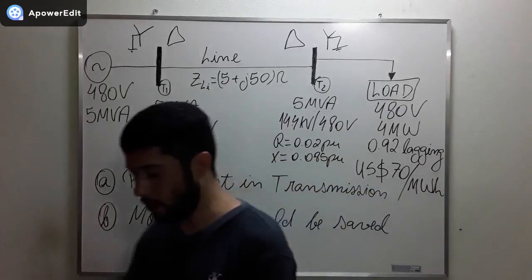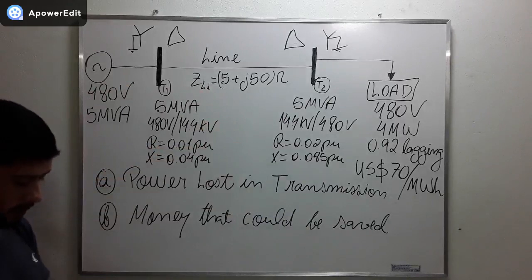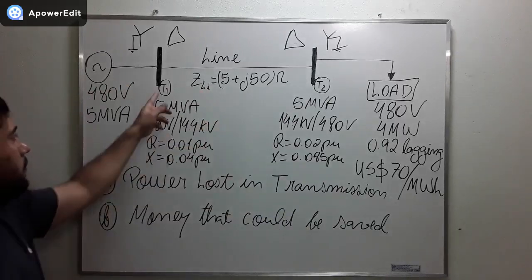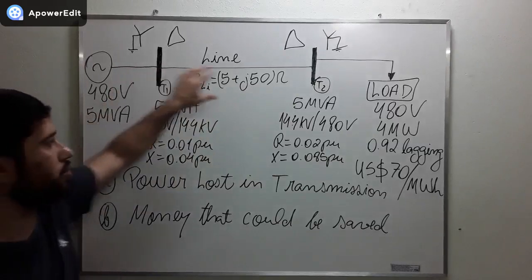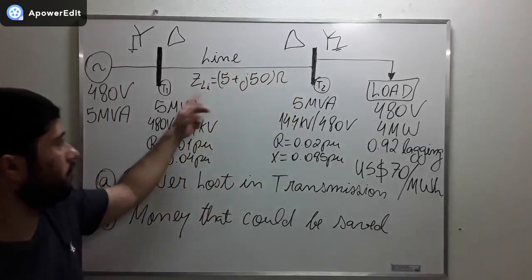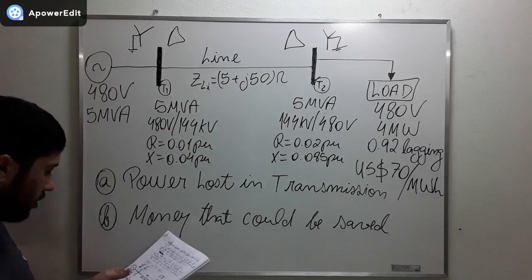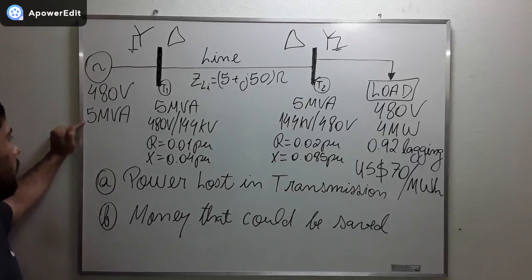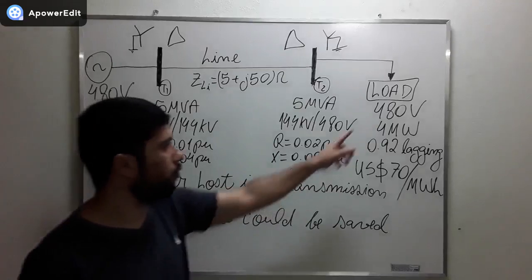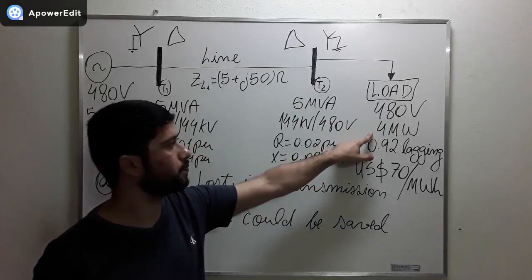Consider the electric power system of the figure. A transmission line from substation number 1 to substation number 2 was constructed to connect a 480 volts 5 MVA generator to a 480 volts 4 megawatts load.